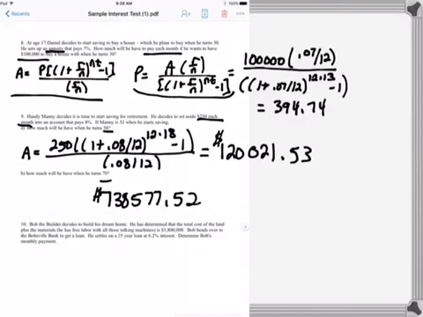And that's the important point of annuities, or any kind of investment: the time period is the most important thing, because a lot of times you can't really control the interest rate. It's going to be what it is. Higher interest rate would be better. We can't always deal with that.